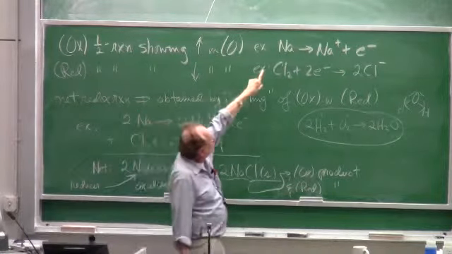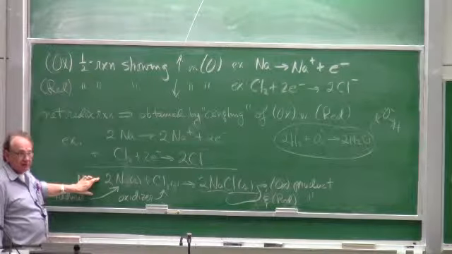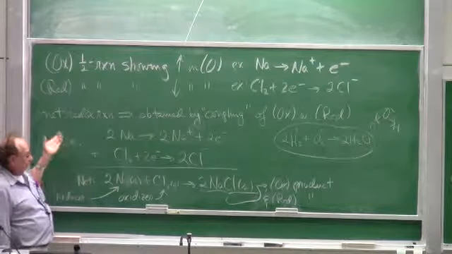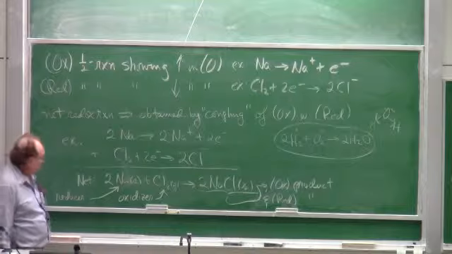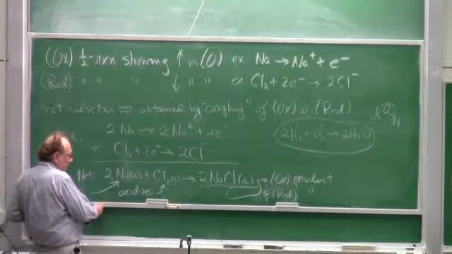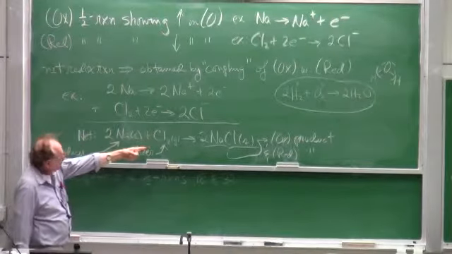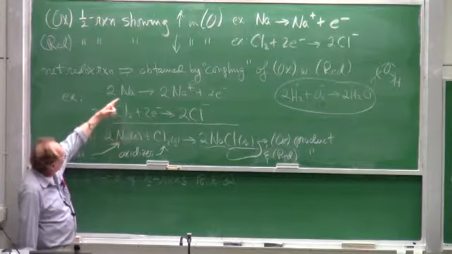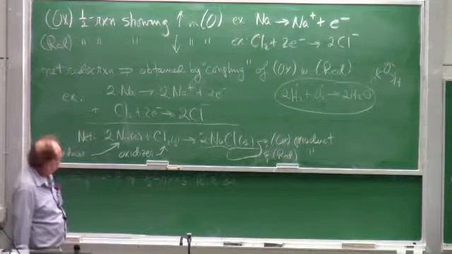So in this coupling process, you'll have to apply coefficients to either the oxidation half reaction or the reduction half reaction or both, so that when you add up these two half reactions, after adjusting the coefficients, you get no net electricity as reactants or products. Nothing fancy about this. This then becomes the net redox reaction for coupling of these two half reactions.